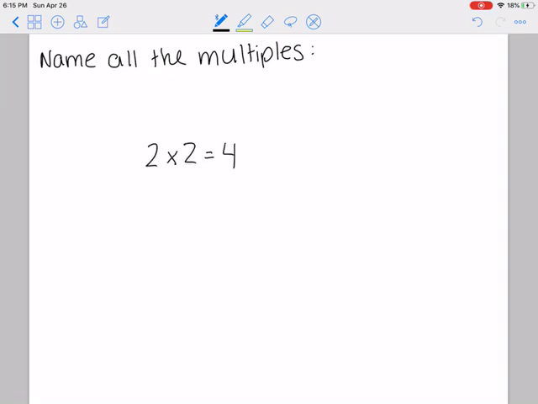So if I did 2 times 2, 4 is a multiple of 2. 2 times 3, 6 is a multiple of 2. And you could keep going. I always tell my students to do the multiples in order, starting at a certain number times 1, and then keep going down to make sure you don't miss any.